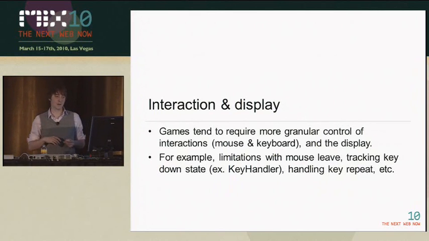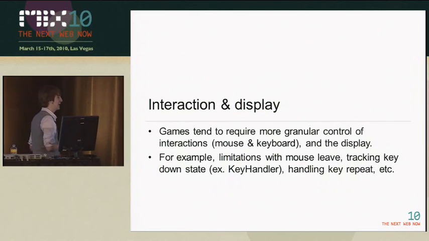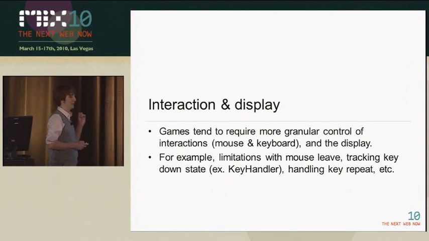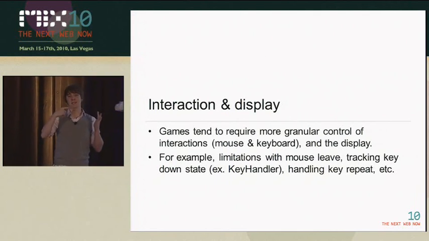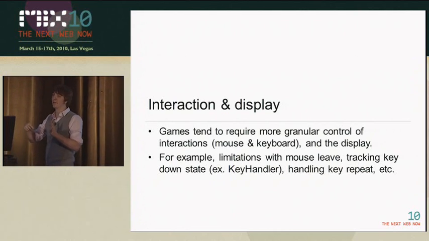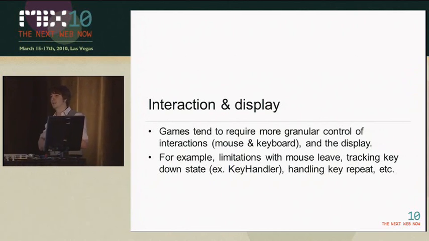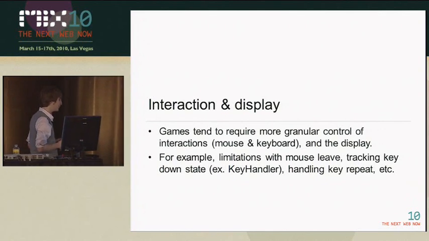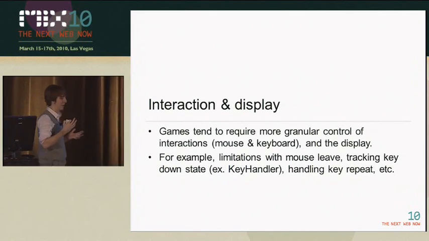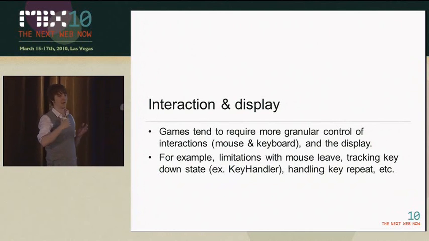So you can use something like the key handler class, which lets you track whether or not a key is still down. So you can operate on a tick and say, if the key is still down, then do this, as opposed to doing something when the key is pressed. And you want to get really familiar with dealing with mouse interaction in an aggregate environment.